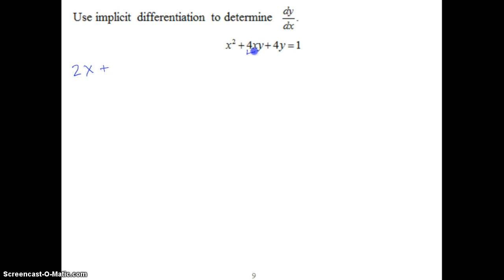Let's consider 4x our u, and then we'll consider the y our v. So u is 4x, v is y, u prime is 4, and v prime is the derivative of y with respect to x. The derivative of y is 1, but then we multiply that by dy dx.